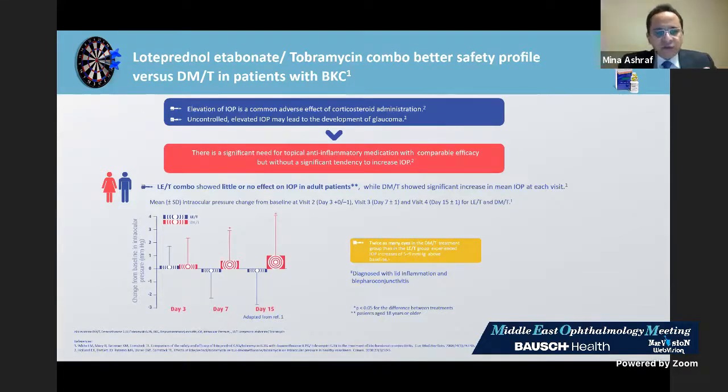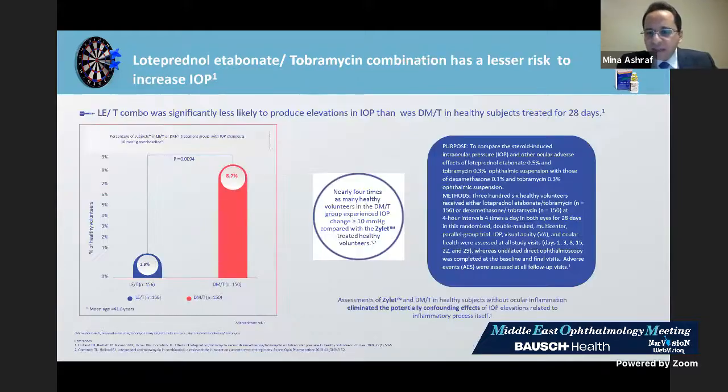Finally, in this study, which compared the safety profile of Xylet to dexamethasone tobramycin, we studied 306 healthy volunteers who received either loteprednol etabonate tobramycin, Xylet, 156 patients on Xylet, or dexamethasone tobramycin, 150 patients, at 4-hour intervals, 4 times a day in both eyes for 28 days. In this randomized double-masked multi-center parallel group trial, IOP, visual acuity, and ocular health were assessed at all study visits.